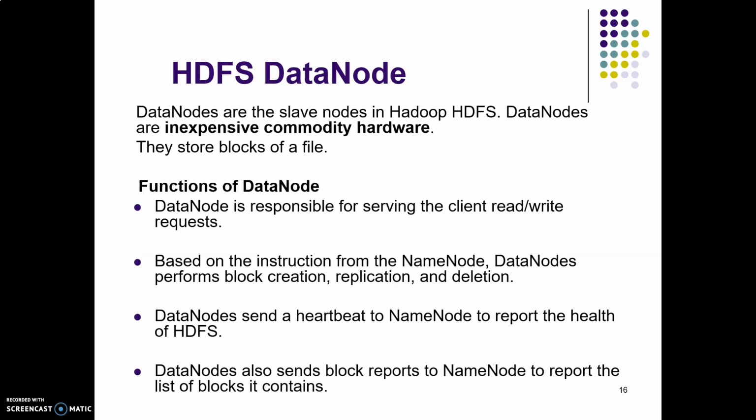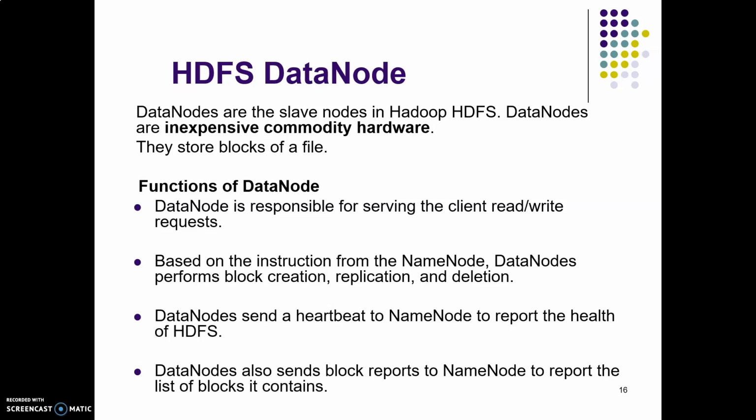Similarly, we have the HDFS data node, where data nodes are called the slave nodes in the Hadoop file system. Data nodes are inexpensive commodity hardware, as I have already told you. They store blocks of files. The functions of a data node: it is responsible for serving the client's read or write requests.